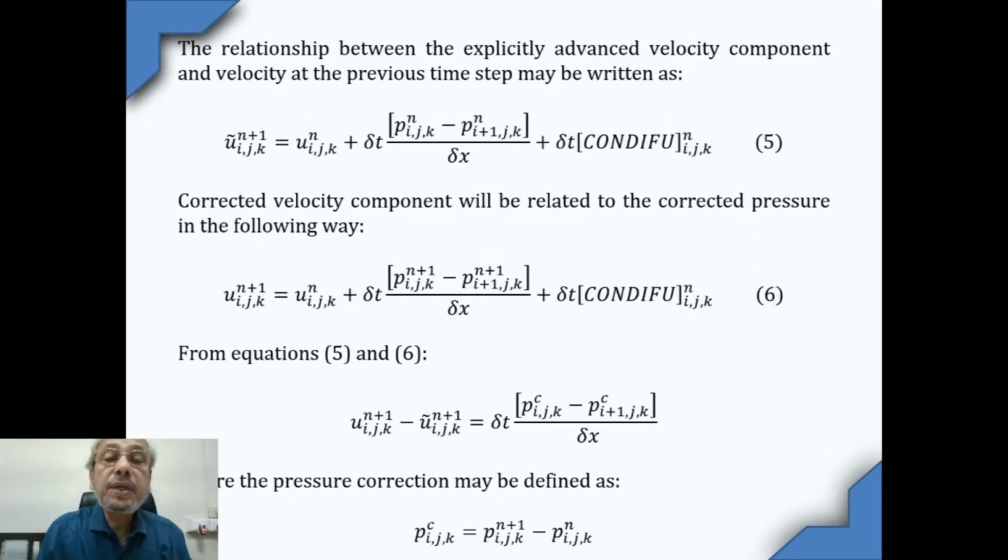If we analyze the situation, what we have done is multiply the contributions of the convective and diffusive components of the u momentum equation with delta t, and then add the pressure gradient term. So minus dp/dx, which was (p_i+1,jk minus p_ijk) by delta x, is dp/dx with a minus sign.